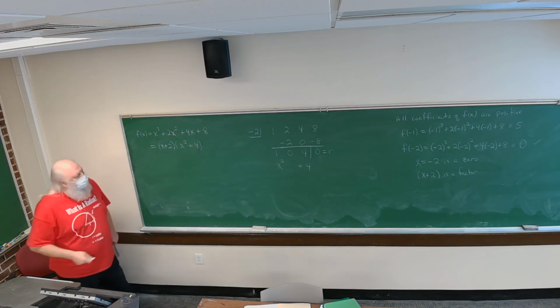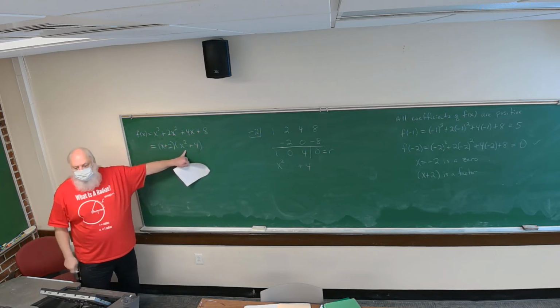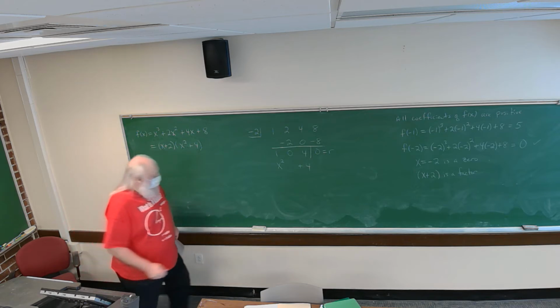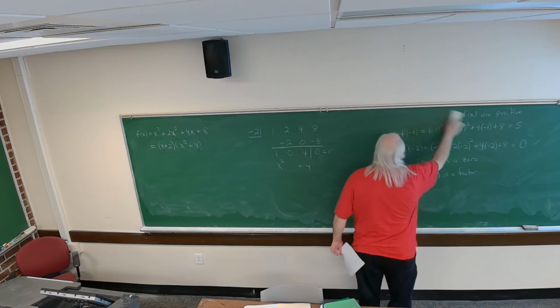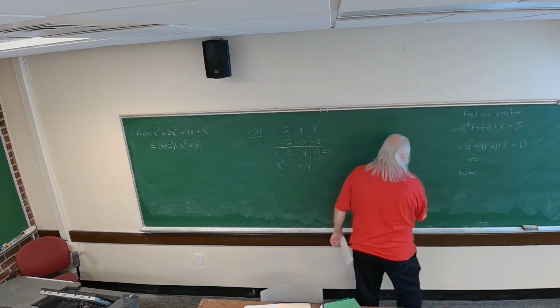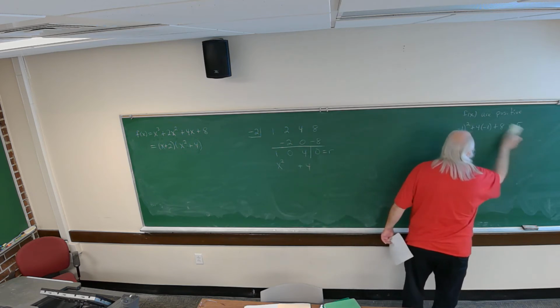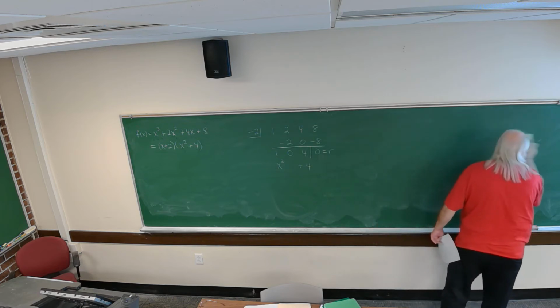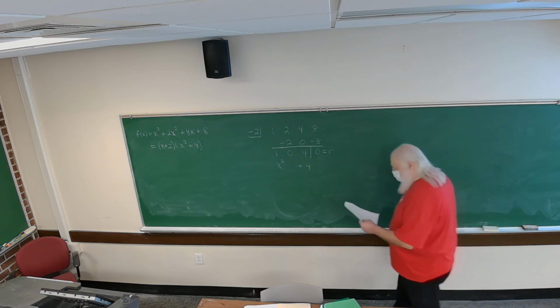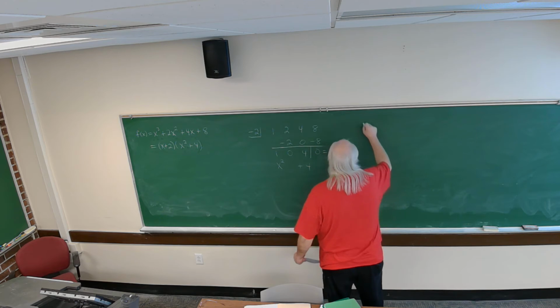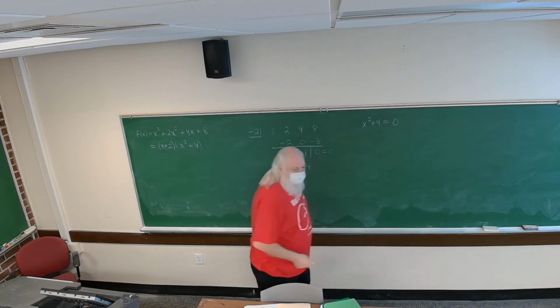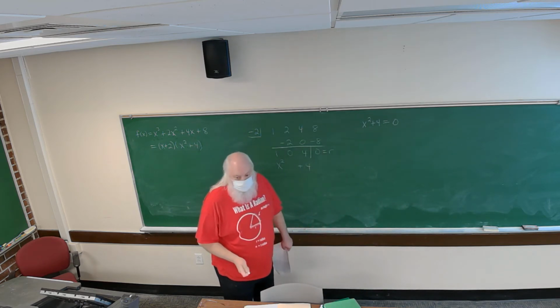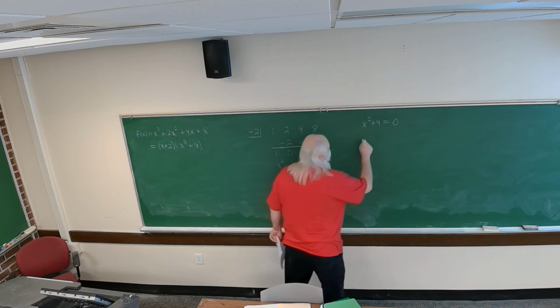So now to get the last two zeros, we set x squared plus 4 equal to 0 and solve for x. We can use the square root method. Subtract 4 from both sides.